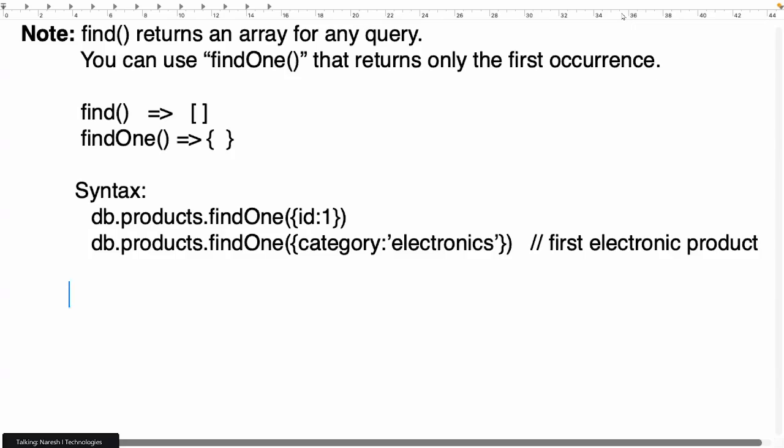While working with find query, find or find one will return all the fields. If you want to return only specific fields, how?